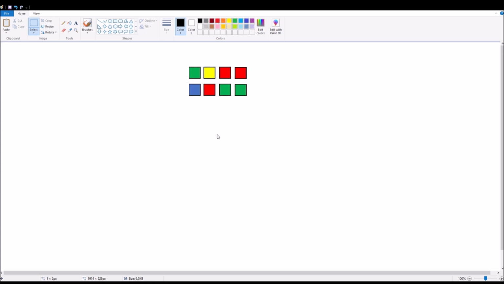All right, now let's take a look at a few examples. You can see that there are 8 squares drawn here on this board. And what we'll do is we are going to separate them into 2 equal groups to prove that 8 is an even number.